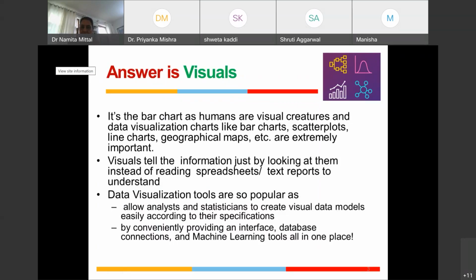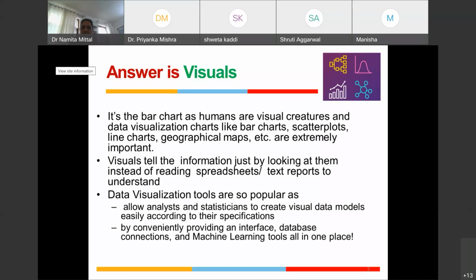For example, it's a bar chart. Humans are visual creatures, and data visualization charts are like bar charts, scatter plots, line charts. In case you don't understand the meaning of any one of them, I can explain it. Then heat maps, geographical maps, scatter plots, and bar charts, horizontal and vertical; lots of visuals are available.